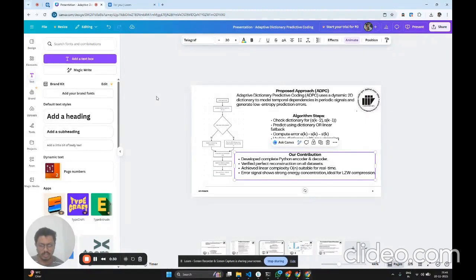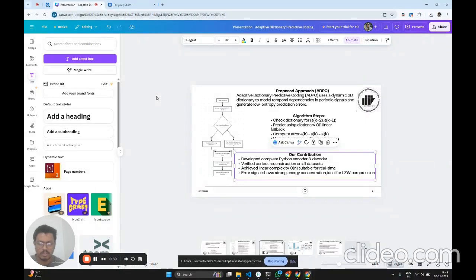If there is no dictionary entry for the pair, then the algorithm uses a fallback linear prediction. That is, s prime of k equals minus 1 times s of k minus 2 plus 2 times s of k minus 1.